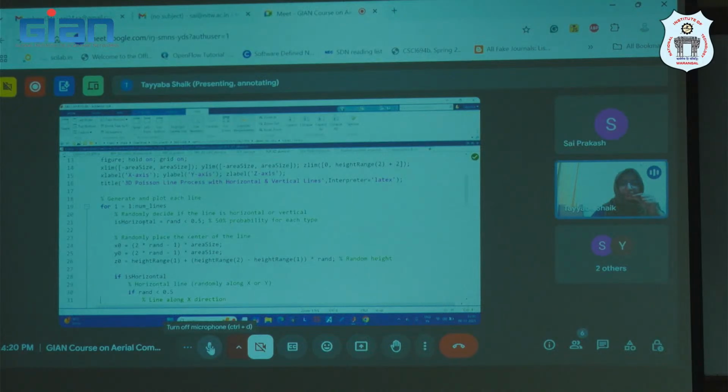So we have initiated this area size with 3, and we are assuming the height range is from 2 to 8.